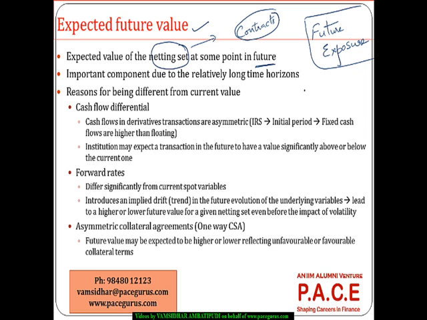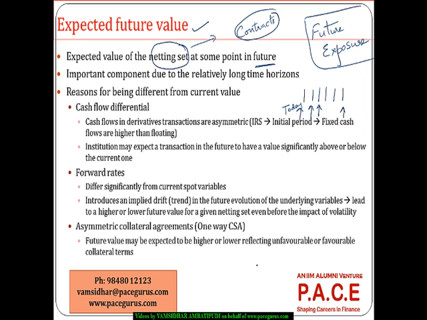And we try to compute it per different time points. So let's say if this is today, the same thing I will compute for 1 month from now, 2 months from now, up to 10 years from now. For different time points, we are trying to compute what could be the expected future value at some point in the future. And it's a very important component because during this period, various market variables can change.